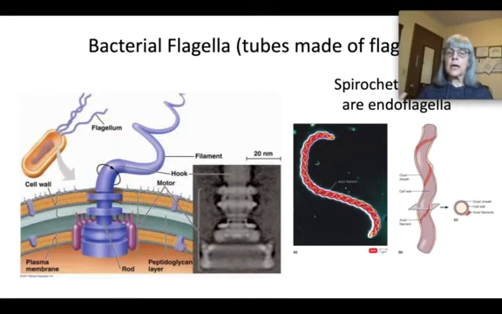That pressure, the result of the constriction, will cause the bacterial cell to move. Not only move, but rotate, so the whole bacterial cell will rotate like a corkscrew as it moves. So that is the exception for the external flagella. The spirochete has its own special type of flagella, okay? That's important to know.